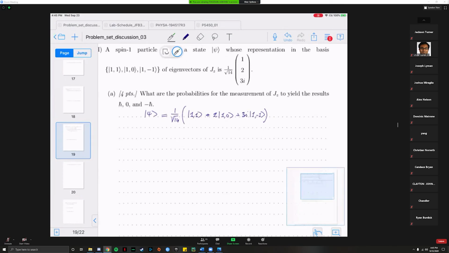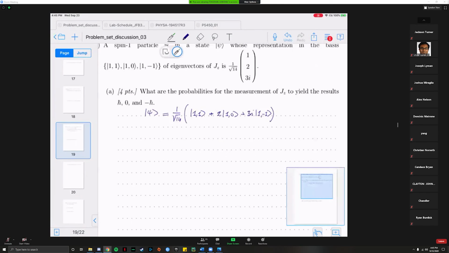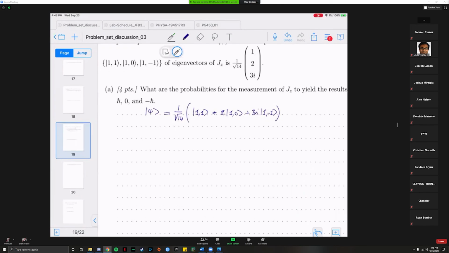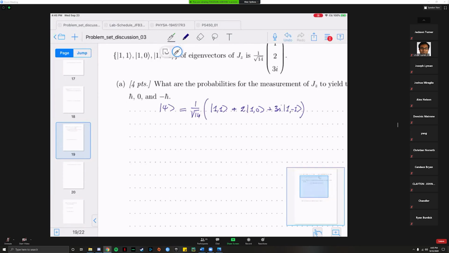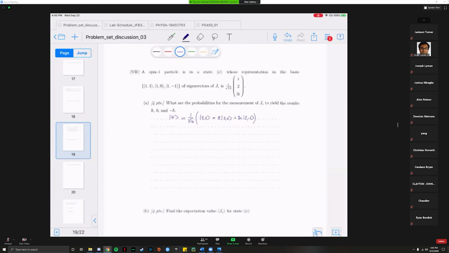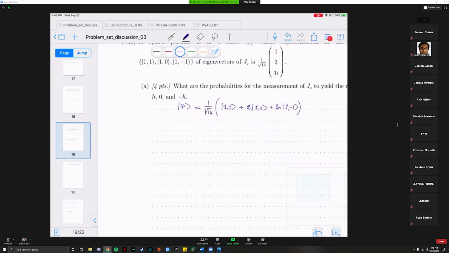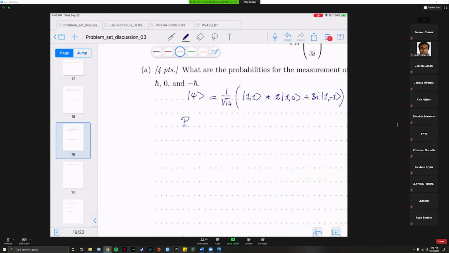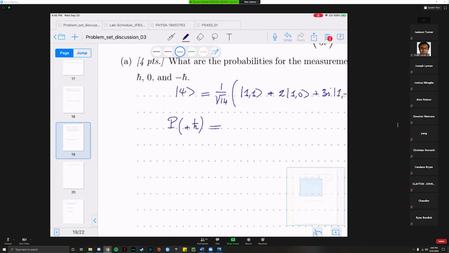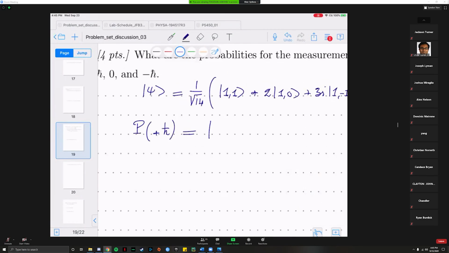So what is Born's postulate telling you? If I call the probability P of plus h bar, the probability of obtaining h bar is going to be the bra 1, 1.